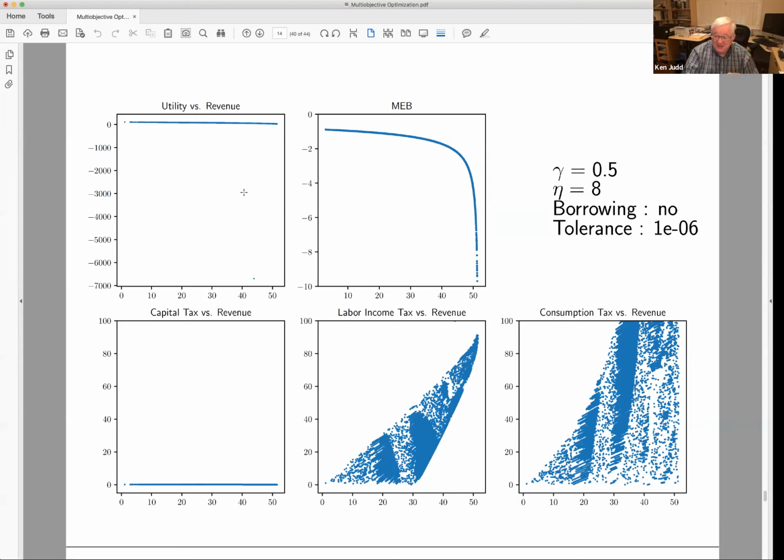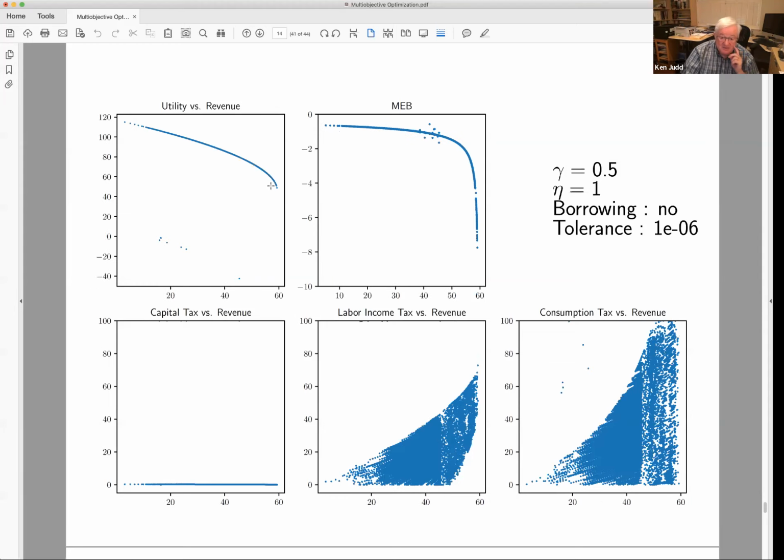And so the scaling got screwed up. That's why this looks so weird, because there's this one point that I'm sure corresponds to a local Pareto efficient point. And then here we again have some locals, some ugliness.